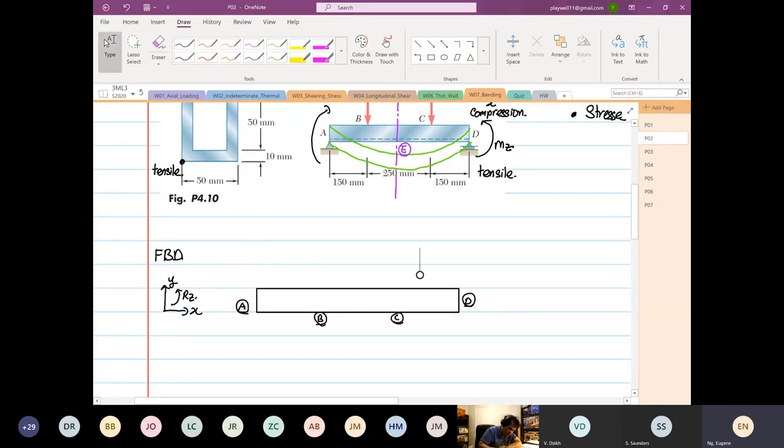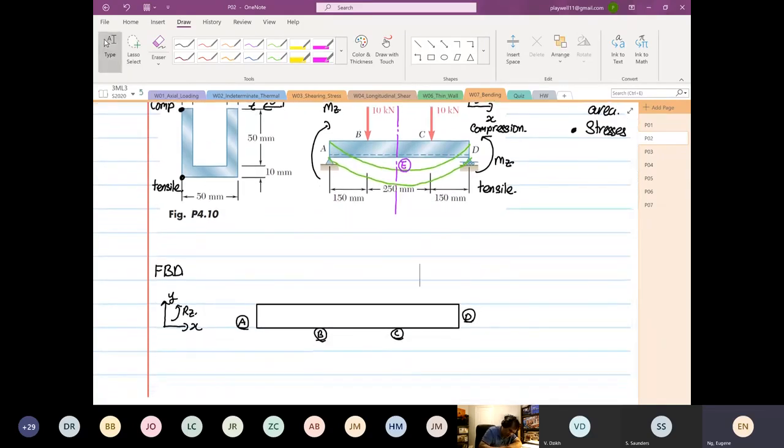Okay, so we know that at points B and C, you have 10 kilonewton. And then based on the support, at point A you have AY, and you also have an AX, because it is a pin.